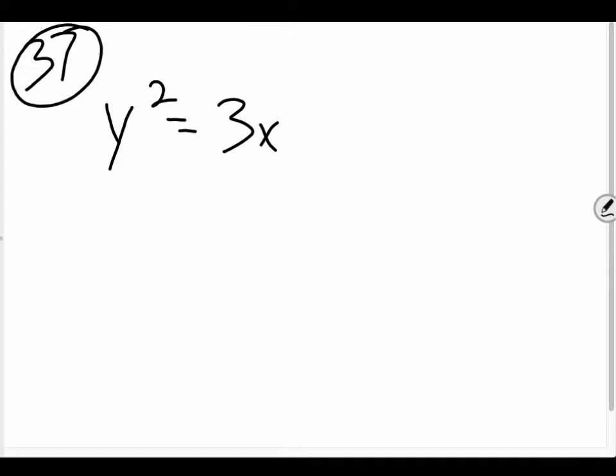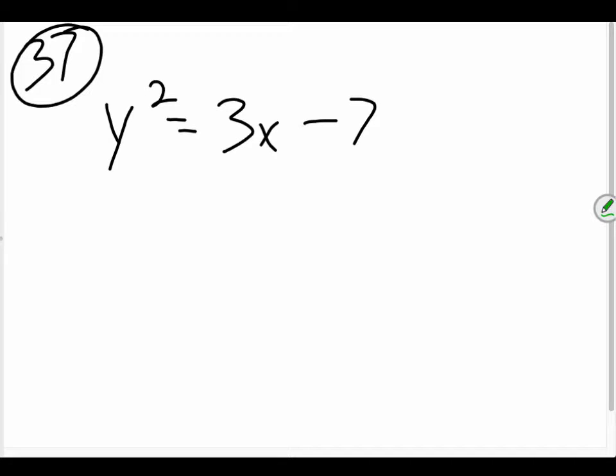For problem number 37, it says determine whether y is a function of x. And they say y squared equals 3x minus 7.